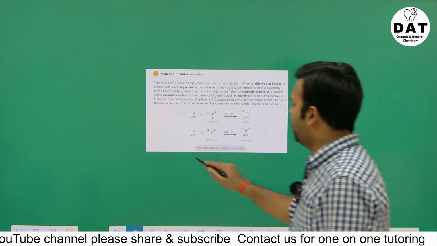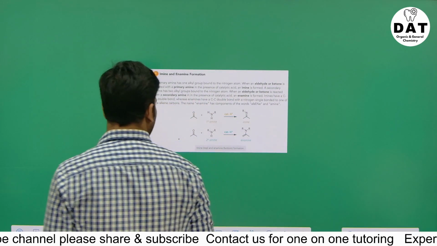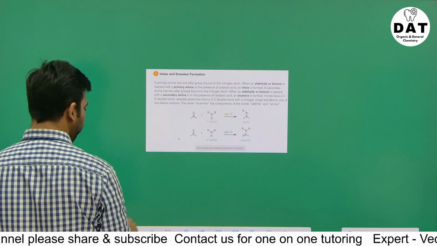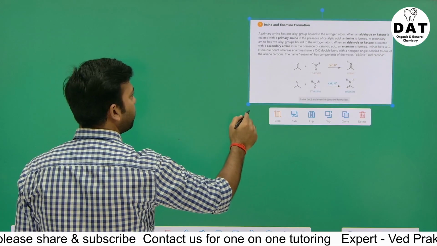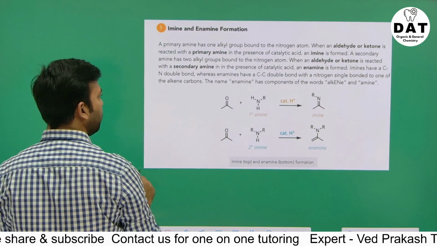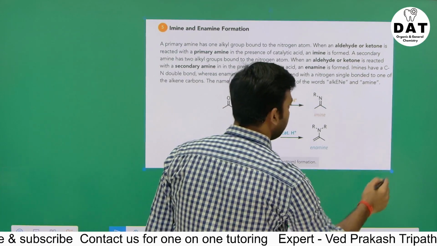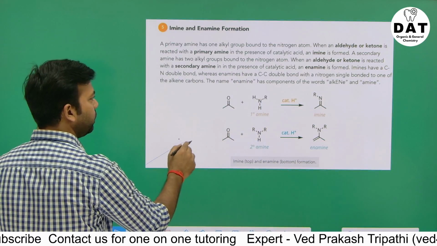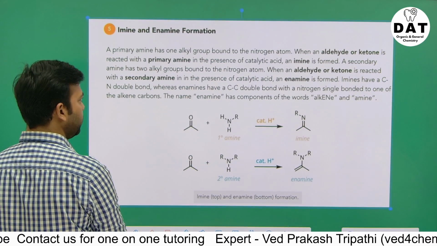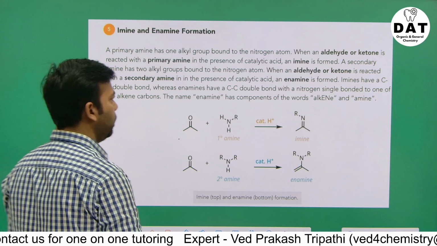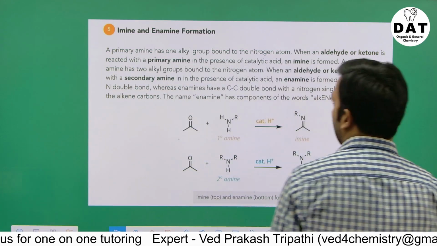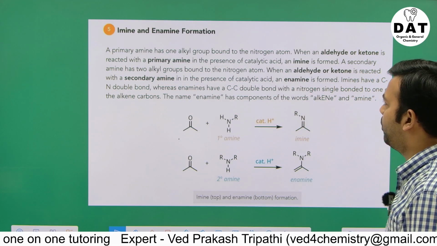Now this is imine and enamine. Look at here. Imine reaction is quite a simple one. Imine is an easy one. Let me read this. A primary amine has one alkyl group bonded to the nitrogen atom.